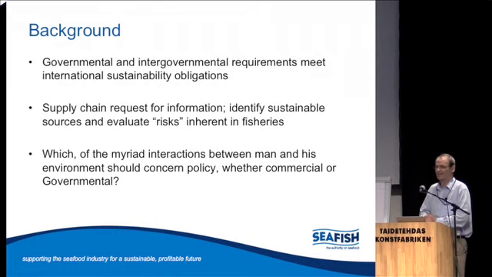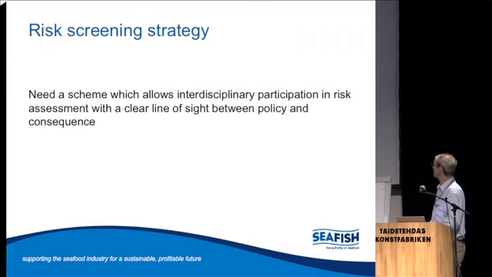You can't really ask people to do a research project on every single fish stock, or other interaction, with seals or strange worms and things like this. So which ones should we be concerned with, whether it's the commercial people or the governmental side? This is where we started.